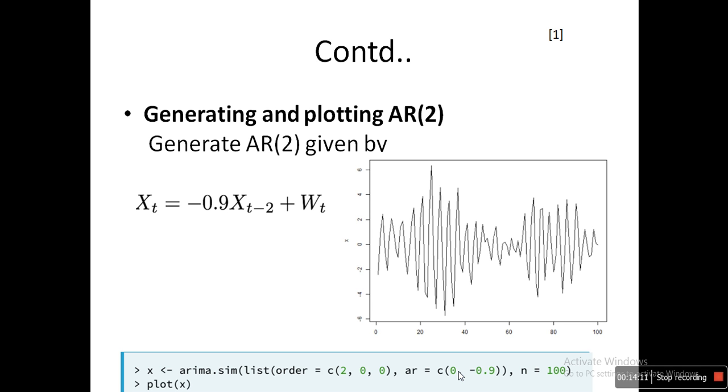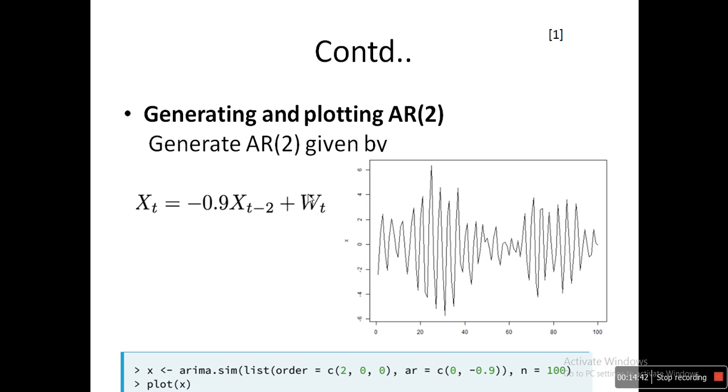Here the value for xt minus 1 is 0, so 0 into xt minus 1, which is 0, plus the next coefficient, minus 0.9, into xt minus 2, plus Wt.